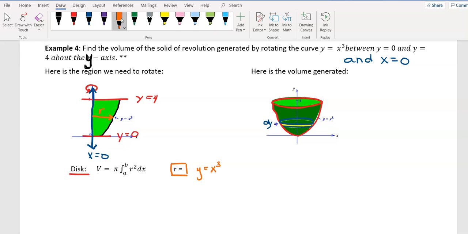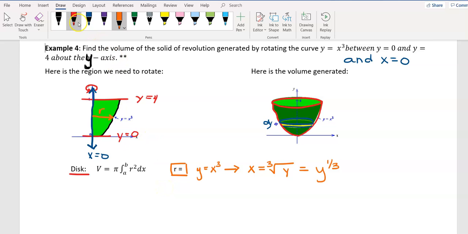But this is not okay written like this because we are supposed to be doing things in terms of y. And this function is written in terms of x. So we need to rewrite this so that it is solved for x. And to do so, we are going to take the cubed root of both sides. So we would get the cubed root of y, which in my opinion is easier to write as y to the 1/3. Okay, now we have our radius in terms of the proper variable.